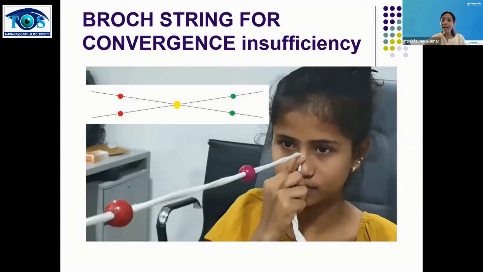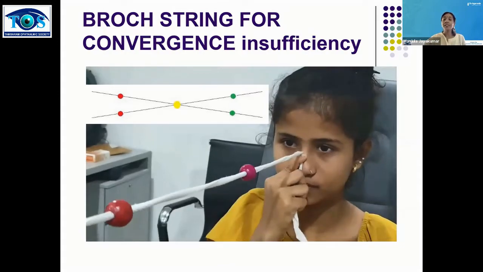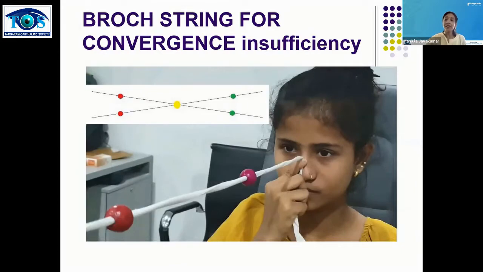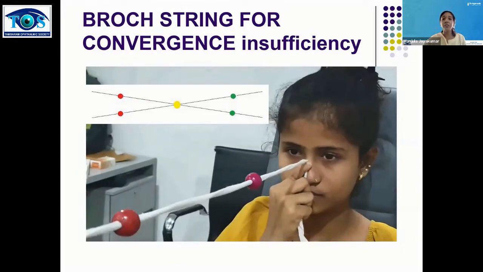So it's a form of anti-suppression also. It's not only that you can improve your convergence, but you also work on anti-suppression. And this first bead can actually be brought closer to improve your convergence. The second and the third bead will appear as double images. So here, if the child is focusing on the second bead, the first and the third bead will appear as double.